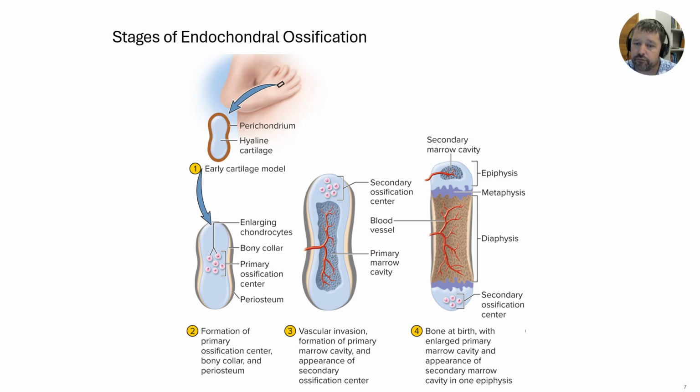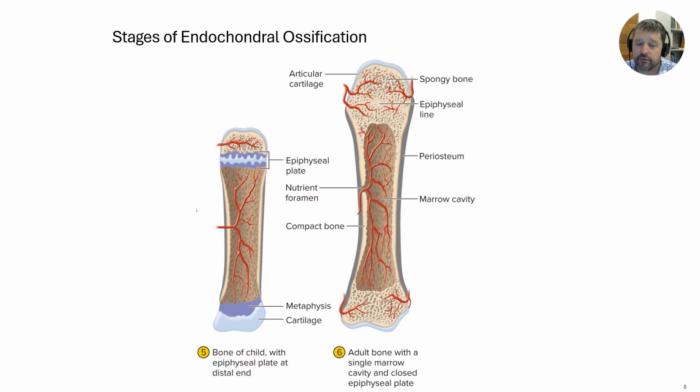And so if we look at it a little bit further on, when we look at the difference between, say, a young child's bone, maybe under the age of 16, and an adult bone over here, you can see this epiphyseal plate where you have this region where cartilage occurs.